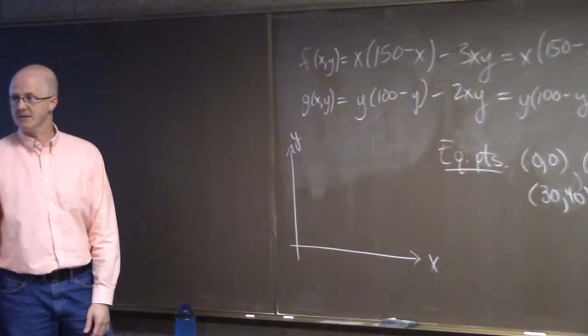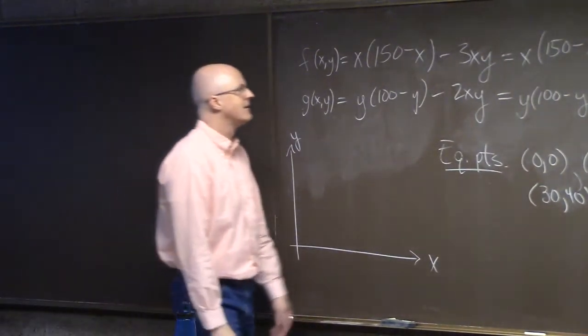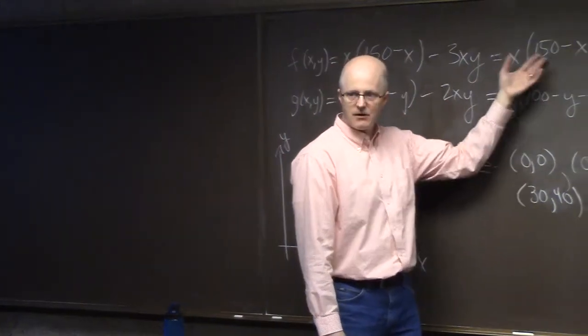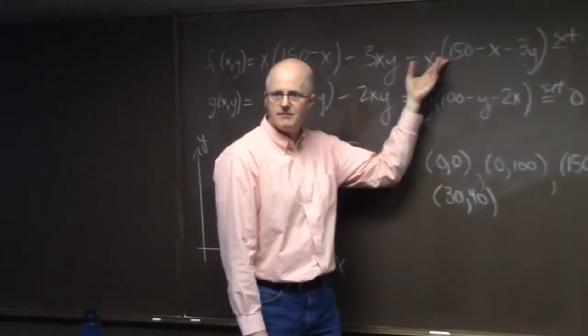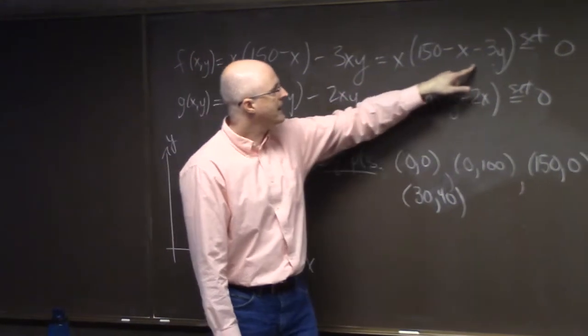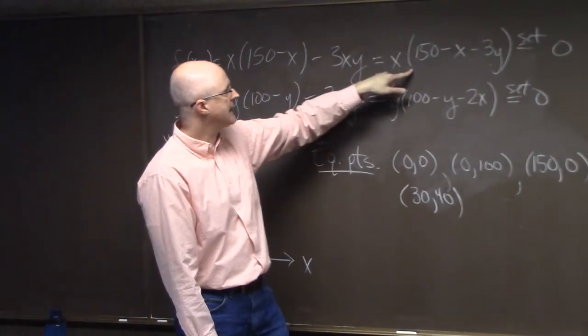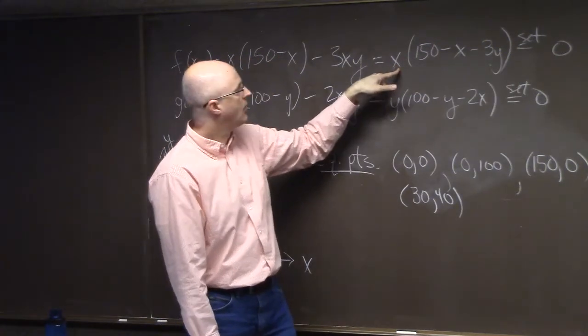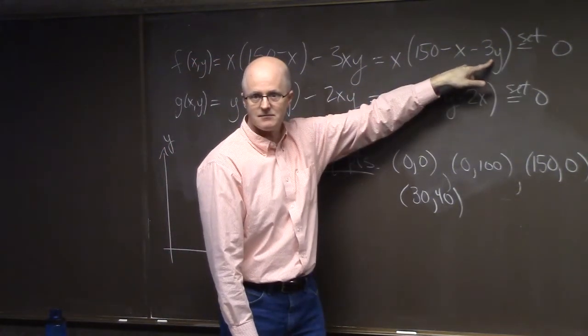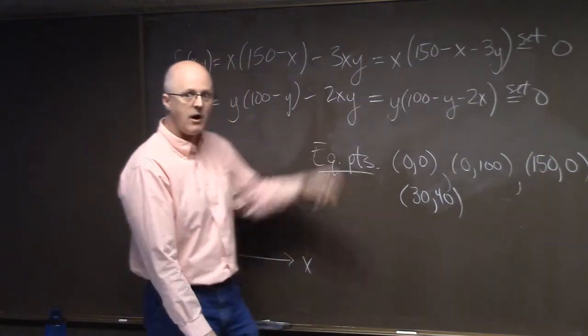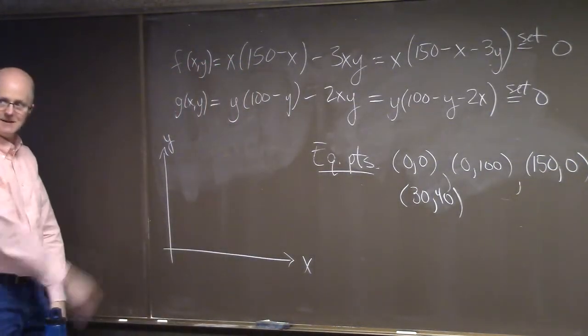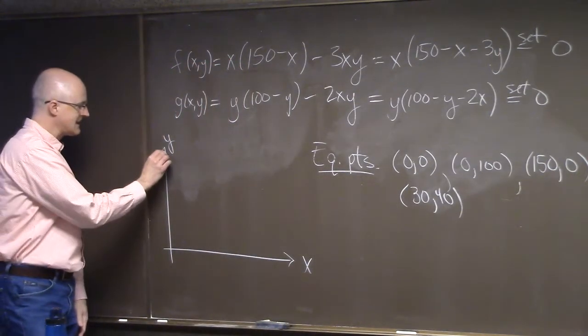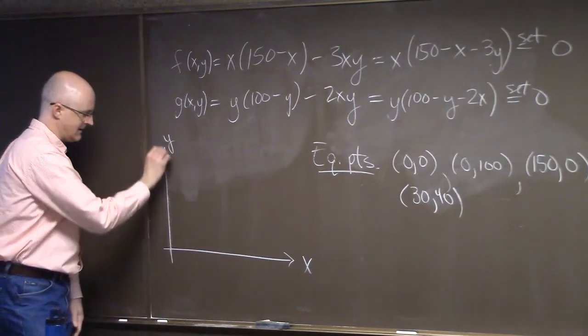Let's draw the nullclines in first. The nullclines, you think about where these things are 0 as well, each individually. The top expression there, the right-hand side of the dx dt equation, will be 0 either when x is 0 or when this is 0. x will be 0 along the y-axis, so the y-axis is part of the x nullcline.